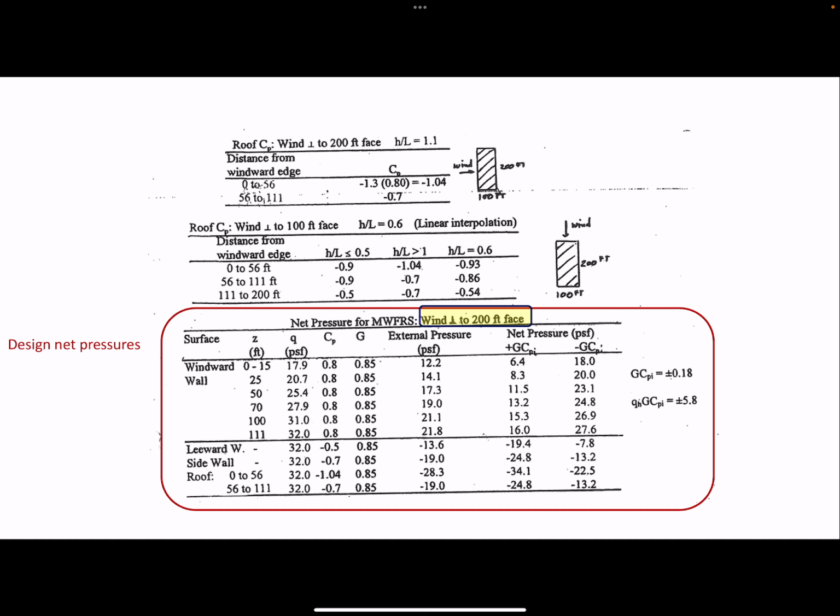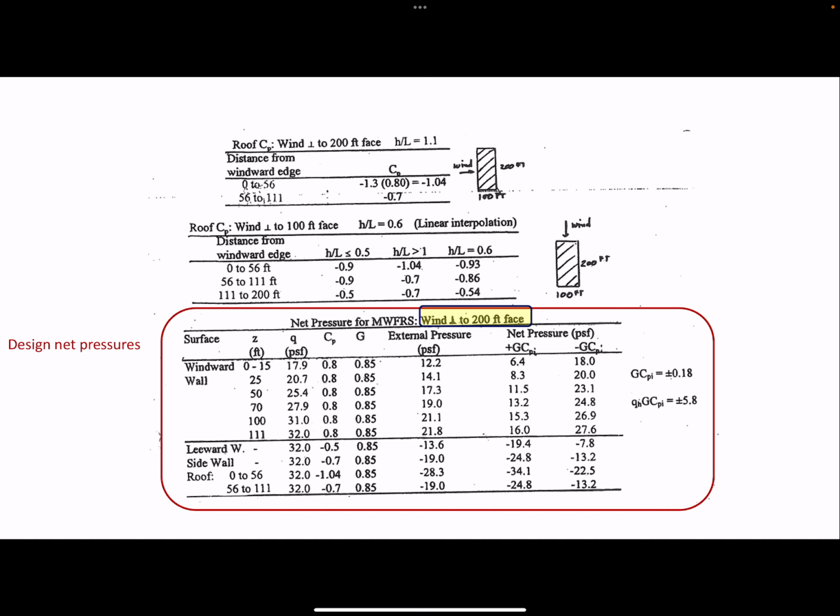G is your gust effect factor, the capital G. This is only used for calculating the external pressure, right? So the external pressure is G times CP times QZ, or QH for these. So that's how you calculate the external pressures. The internal pressure is GCPI times QH, right? So QH is 32.